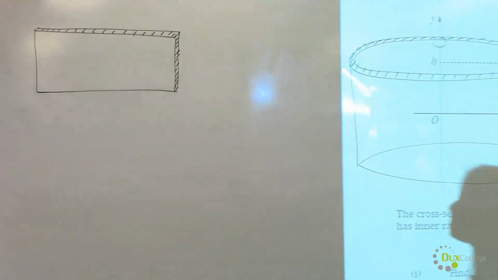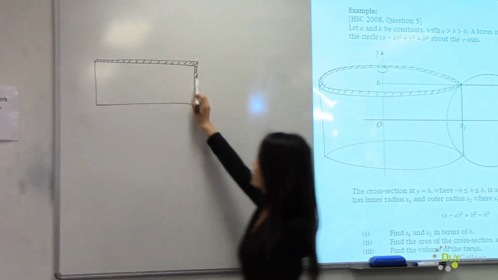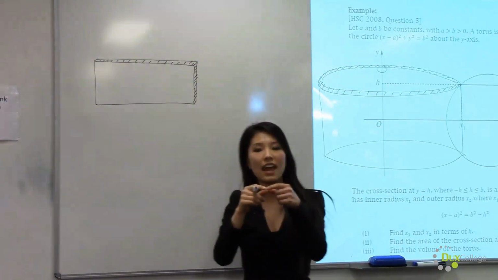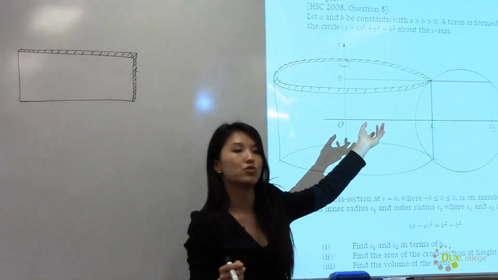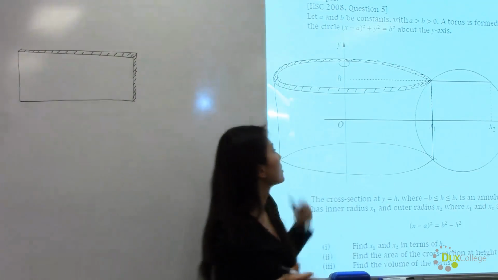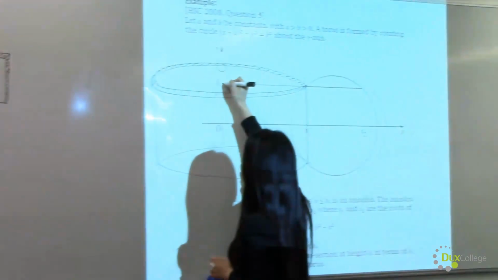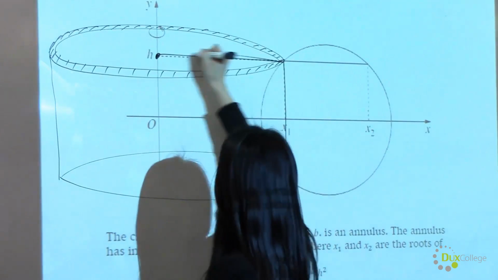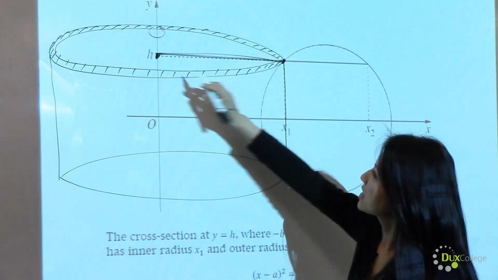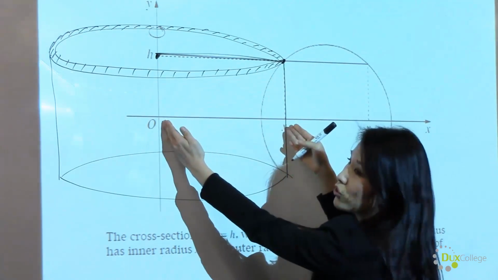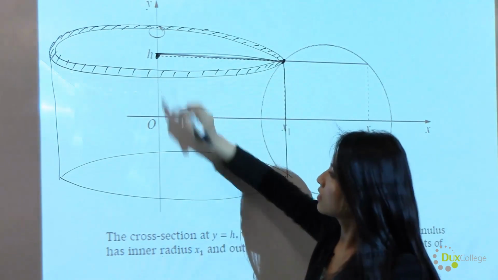Okay, now to find the length of this rectangular prism, the length is equivalent to the circumference of this cylindrical shell. So to find the circumference, first of all, we need to find this distance here. And we can see that at any particular point, this distance is x units from the origin.